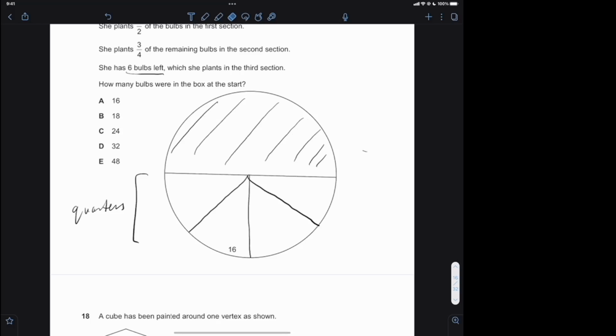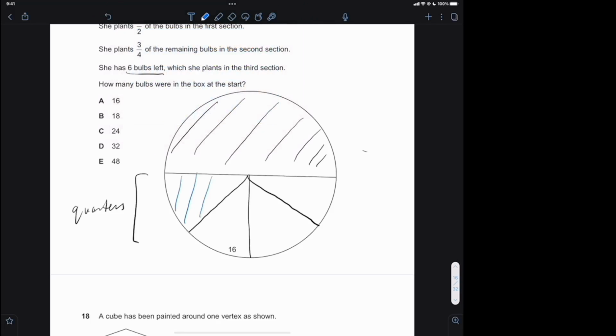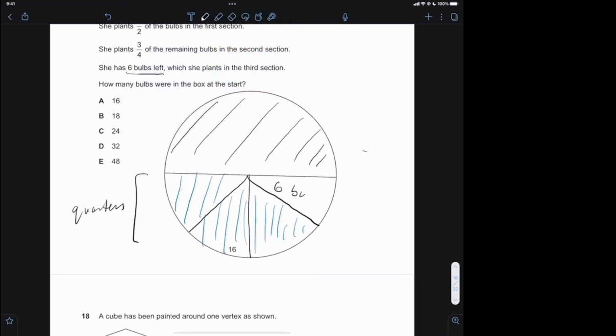So then we have 3/4 of this remaining section, so that would be 1, 2, 3 out of the 4. So this would be our 6 bulbs in here, and we're actually left with this being 1/8 of the total, okay?